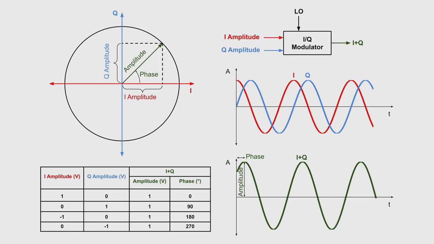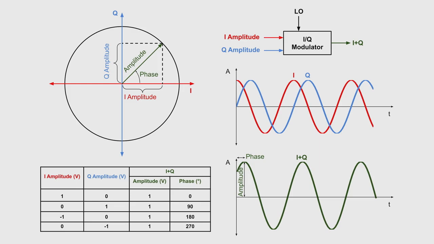In other words, the sine and cosine waves are in quadrature. IQ signals are always amplitude modulated, not frequency or phase modulated. Any form of modulation can be performed simply by varying only the amplitude of I and Q signals, and then adding them together. So we're not varying the phase, we're only varying the amplitude of them.